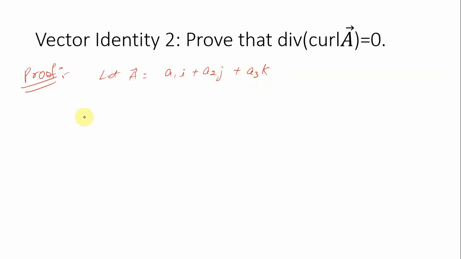So here we have curl of A bar is equal to, please remember, curl is always a cross product, del cross A bar, which is equal to the determinant with i j k, ∂/∂x, ∂/∂y, ∂/∂z.